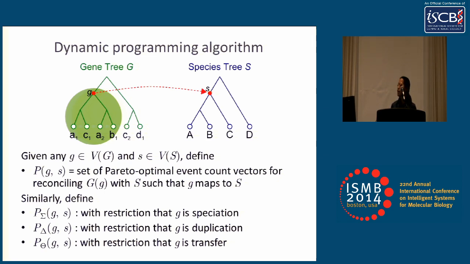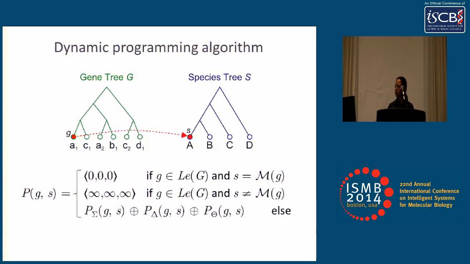I'm going to define a set P that takes parameters G and S, and that set is going to be keeping track of the set of Pareto-optimal event count vectors that reconcile this node G to the species node S. And similarly, we're going to define P speciation, P duplication, and P transfer to be the same mapping G to S, but with the restriction that G is a speciation, a duplication, or a transfer, respectively.